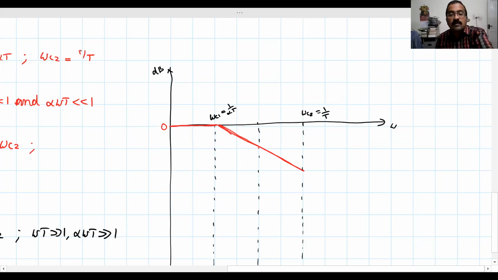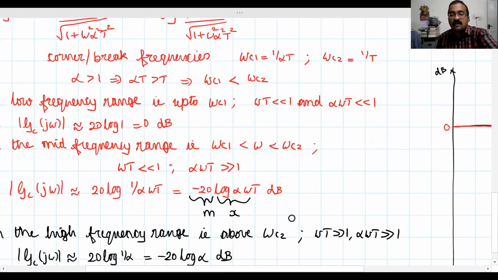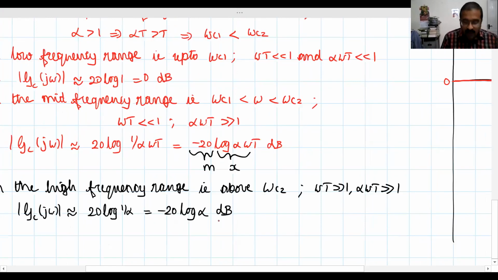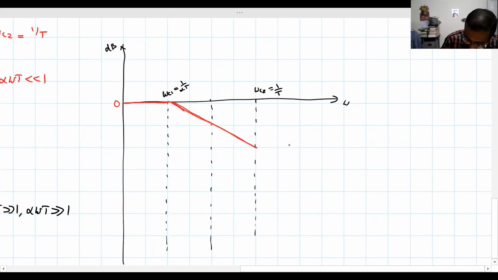Then onwards, it will be another horizontal line at a magnitude of minus 20 log alpha. So here is minus 20 log alpha, from there onwards, during the high frequency region. This magnitude, this difference, is 20 log alpha.